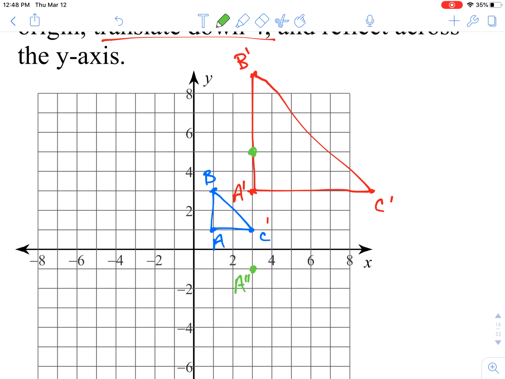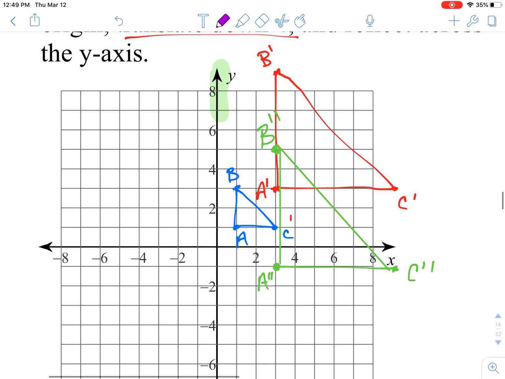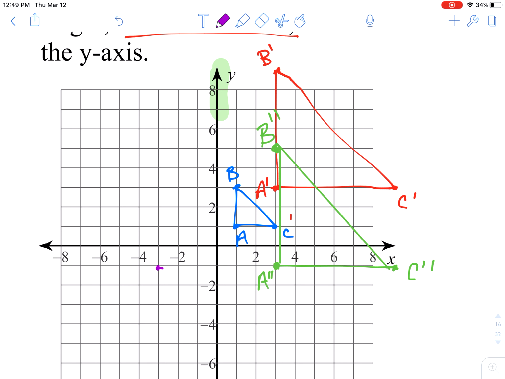Now it says to reflect across the y-axis. So this is the y-axis. So A is 3 away, so we're going to go 3 away on the other side. We're going to label it A prime, prime, prime. And B is 3 away. We're going to go 3 away on the other side and label it B prime, prime, prime. C is 1, 2, 3, 4, 5, 6, 7, 8, 9 away.